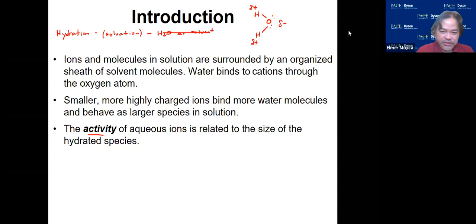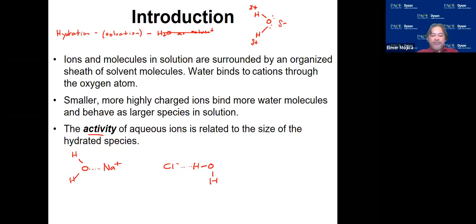So for instance, if we have the ever famous Na plus and Cl minus. Whenever we have an Na plus, most likely it will interact this way with regards to water. Now for the chloride, on the other hand, it will have this kind of interaction.